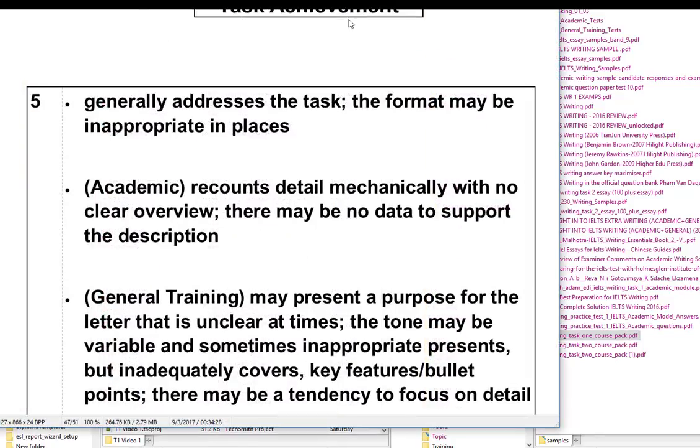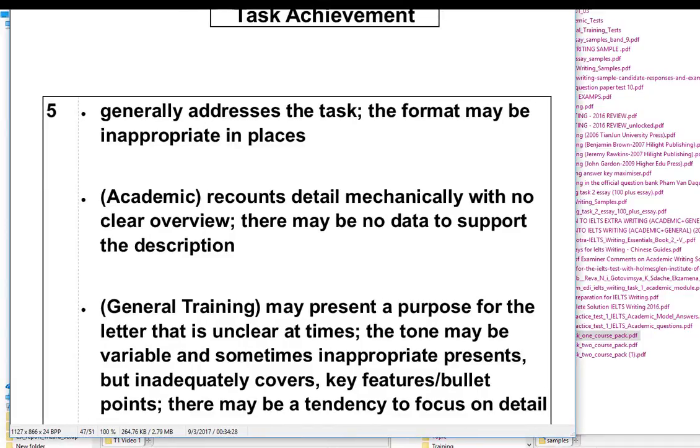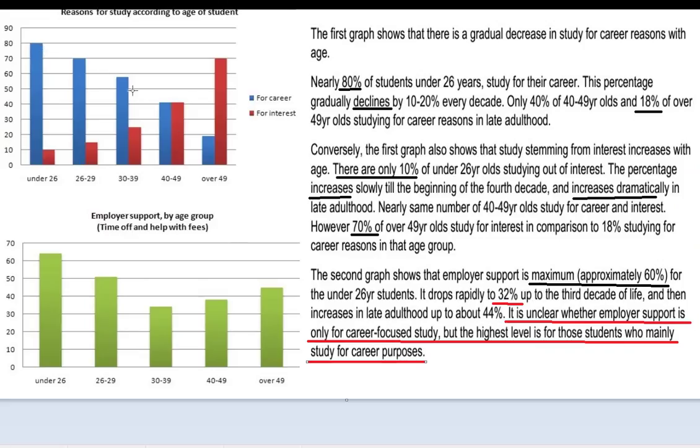Let's see, task achievement. How well does this do? Well, we can't say there's no overview, because obviously there is. So, presents an overview with information appropriately selected. Well, I'd say so. They selected all the information that described the major trends.